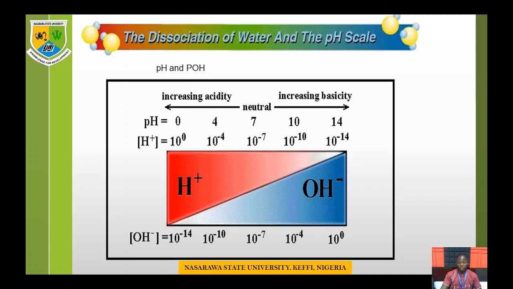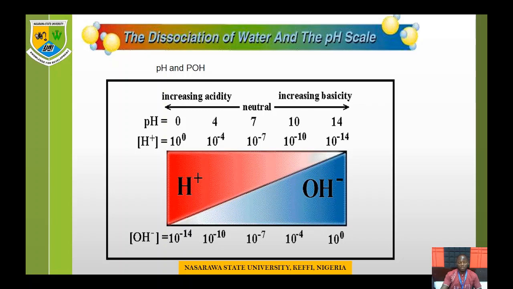There are physiological implications of having a solution that is more acidic, as well as a solution that is more alkaline. When these solutions are ingested or come in contact with the body, they have a way of affecting the body negatively or positively. That is why it is important that this concept be looked into, and that is why it is important to determine the pH of a solution.